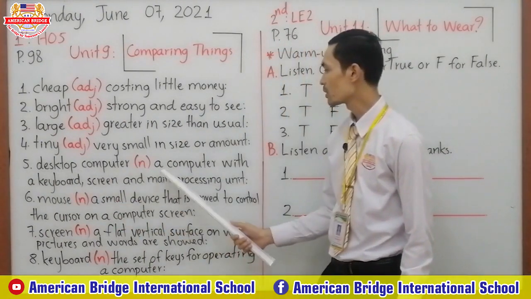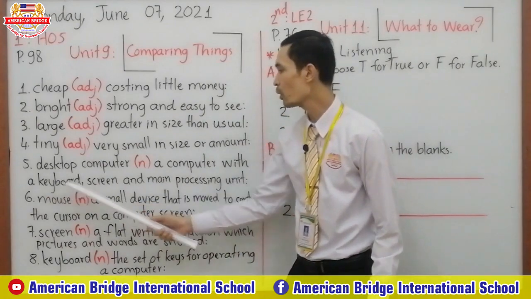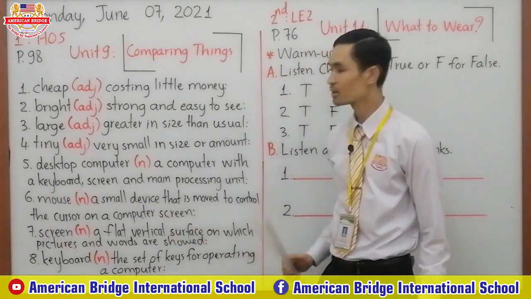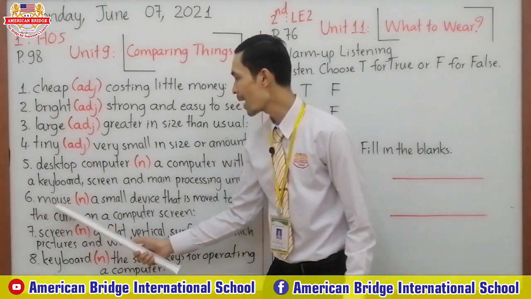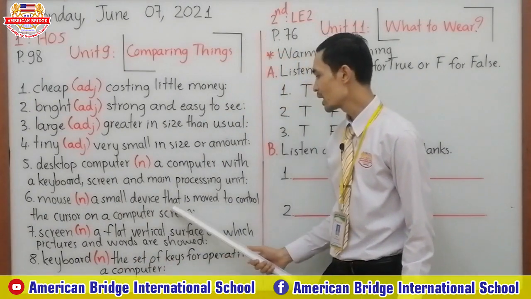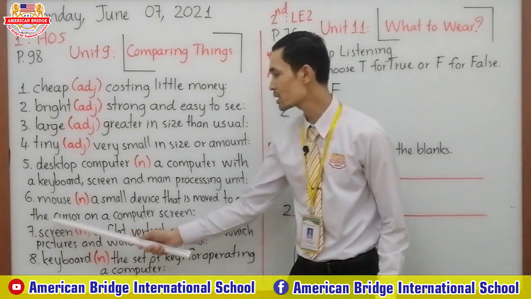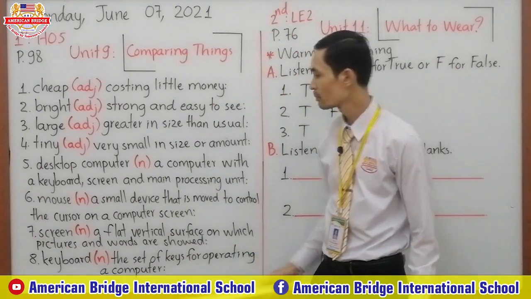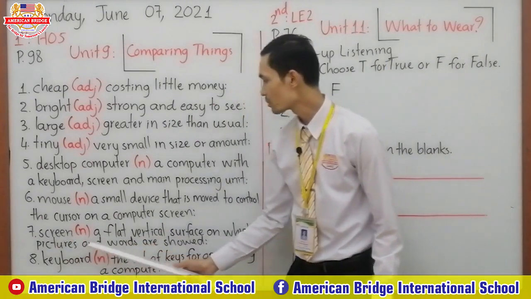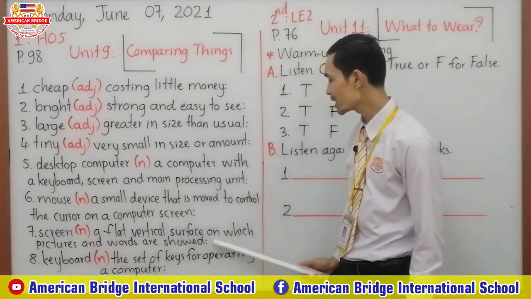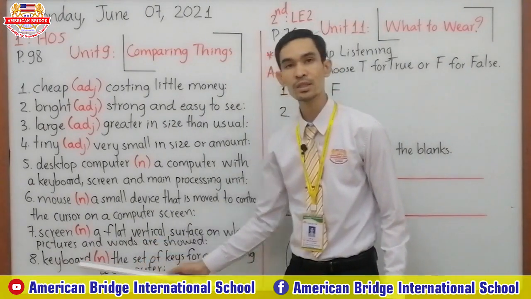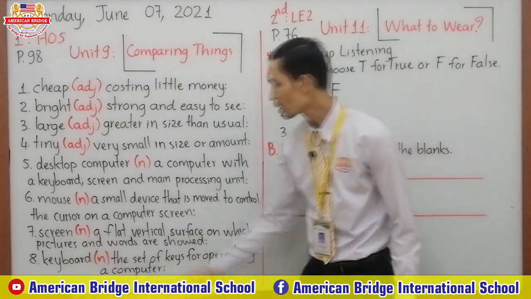Desktop computer, a computer with a keyboard, screen and main processing unit. 6. Mouse, a small device that is moved to control the cursor on a computer screen. 7. Screen, a flat vertical surface on which pictures and words are shown.